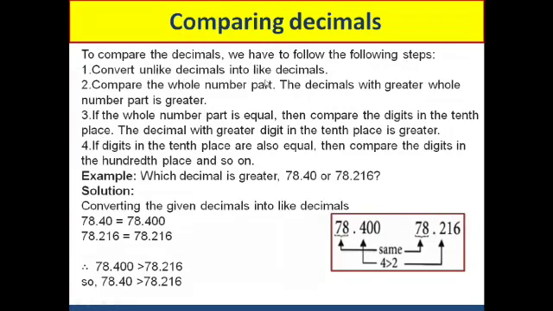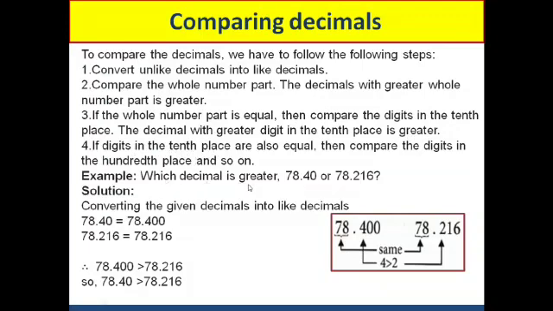Convert unlike decimals into like, then compare the whole number part. The decimal with the greater whole number part is greater. If the whole number part is equal, then compare the digit in the tenths place. The decimal with the greater digit in the tenths place will be greater. If the digit at the tenths place is equal, then you can compare the digit of the hundredths place and so on.